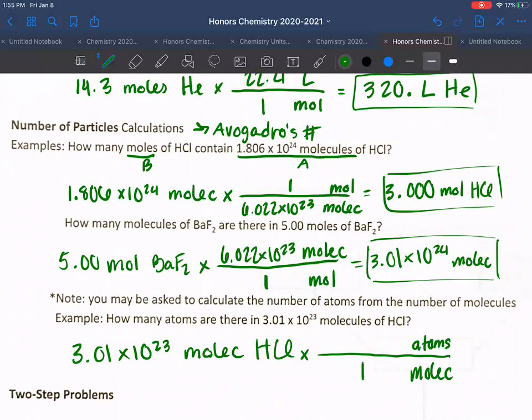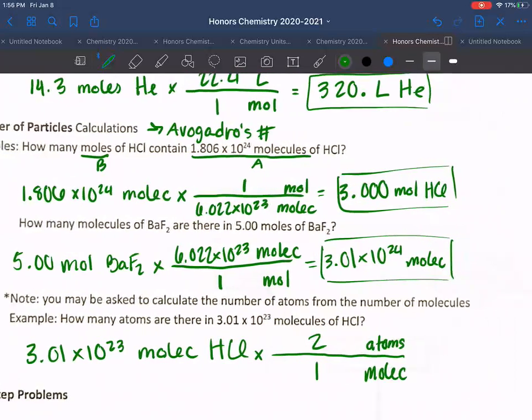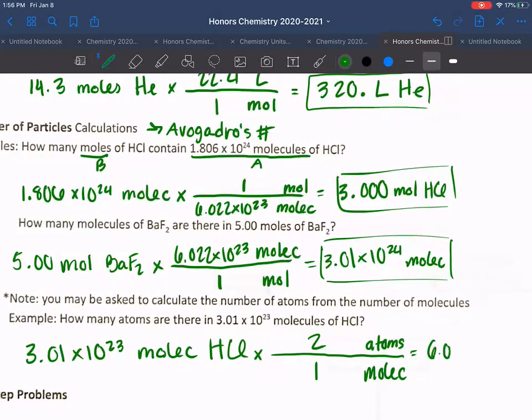So our one goes with molecule. So in one molecule of HCl, how many atoms are in it? Atoms. What's your inventory? We have how many hydrogens? 1. And how many chlorines? 1. So there's 2 atoms per molecule. So all we're doing is multiplying this number by 2. 6.02 times 10 to the 23rd atoms. Okay, that one's not so bad. You just got to be able to count how many are in the molecular formula.